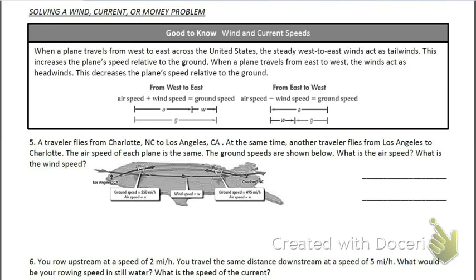So would you expect that you would go faster in the air or slower if it's pushing you from behind? Faster. If you are going from east to west, the wind acts as a headwind. So if you're flying from New York to Fresno, you have a headwind, and that means the wind is coming at you straight on. So would you expect that to make you faster or slower?